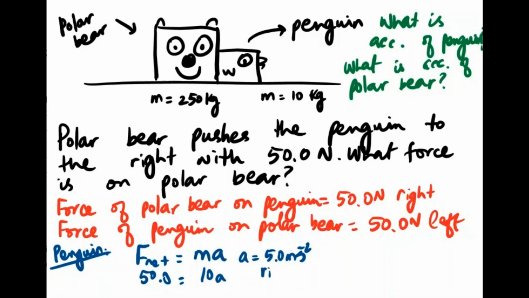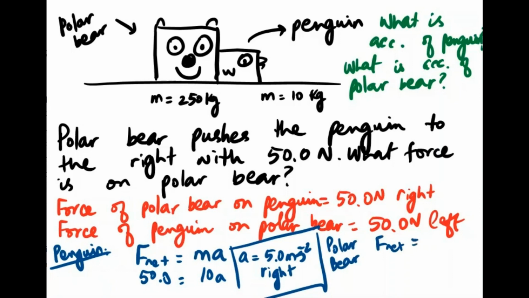When we figure out the acceleration for the polar bear, we again use Newton's second law. The force this time is to the left, so I'm going to use negative 50. Plug in the mass for the polar bear, and the acceleration comes out to be a small number, 0.2 meters per second squared, in the opposite direction.